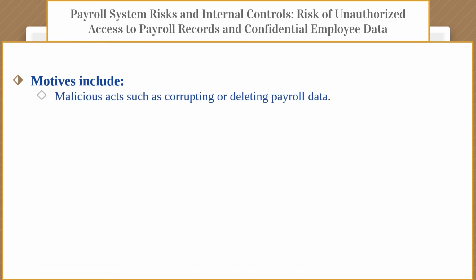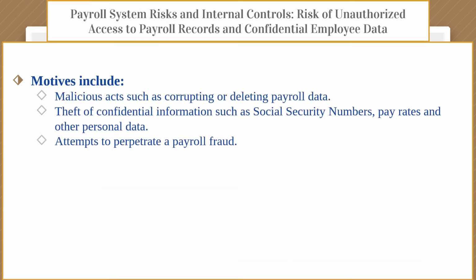Here we have the last risk, the risk of unauthorized access to payroll records and confidential employee data. The motives include malicious acts such as corrupting or deleting payroll data.